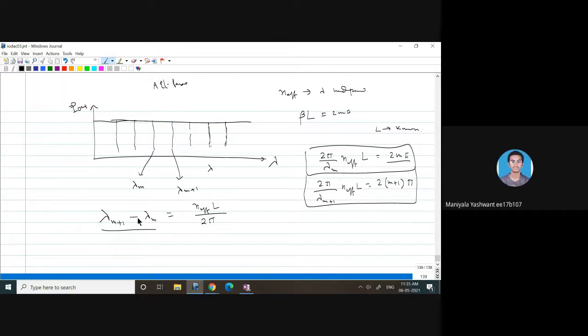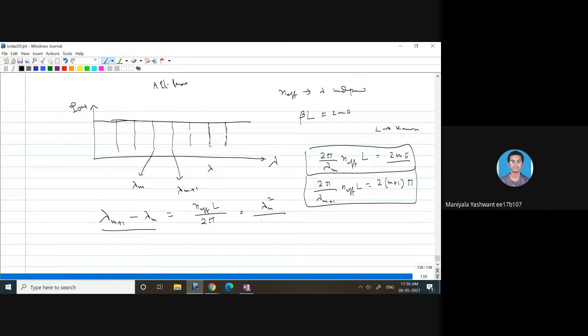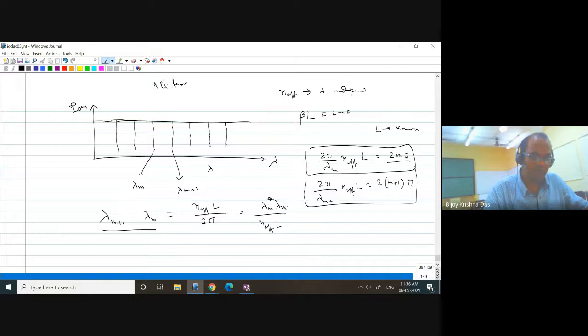Sir, is it lambda m square by n effective L? Lambda m square by n effective L, assuming lambda m plus 1 and lambda m are close to each other. Actually, in principle, it will be lambda m times lambda m plus 1 by n effective L. If you subtract these two, you get this.